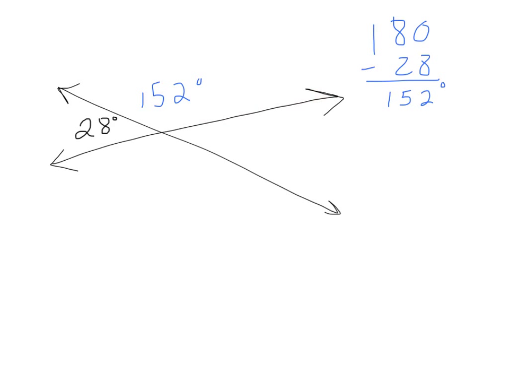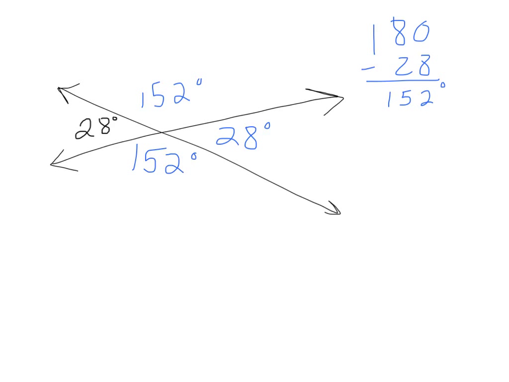Okay, so now we also have a straight angle or a straight line right here. If we have 152 degrees right here, the leftover would be 28 degrees. Similarly, we have another straight angle here. We've used up 28 degrees right here, so this must be, well, I know 28 plus 152 makes 180, so that has to work perfectly.